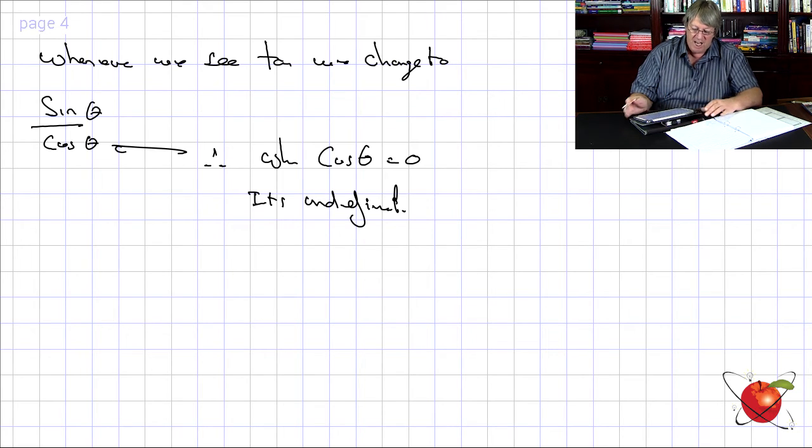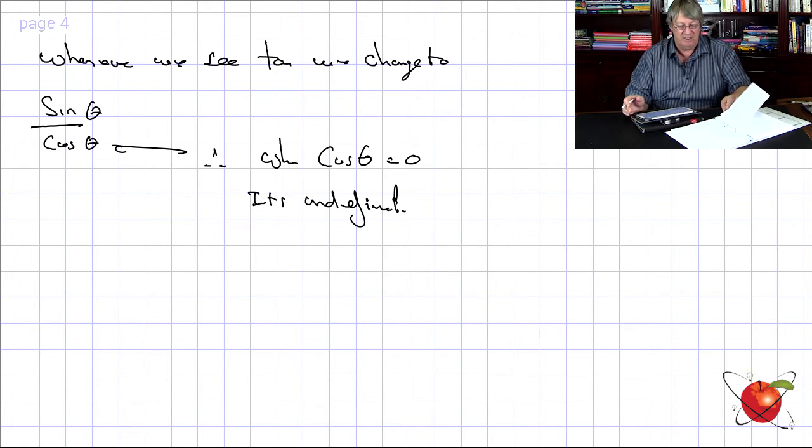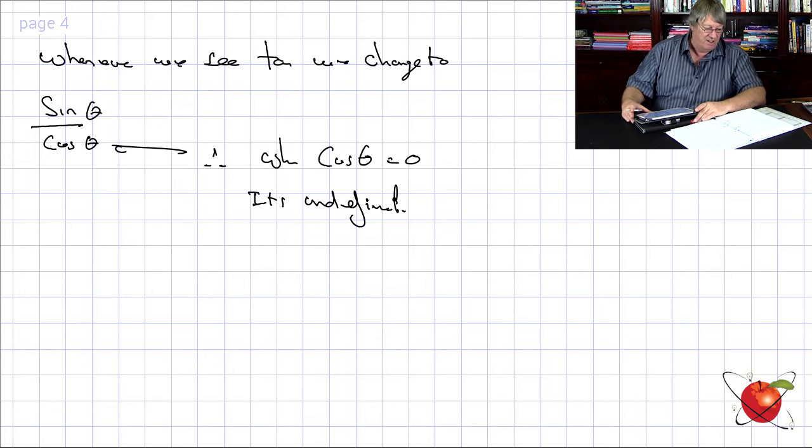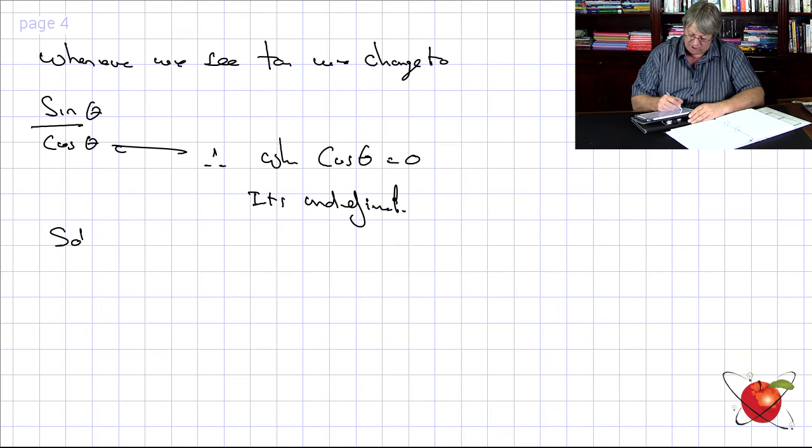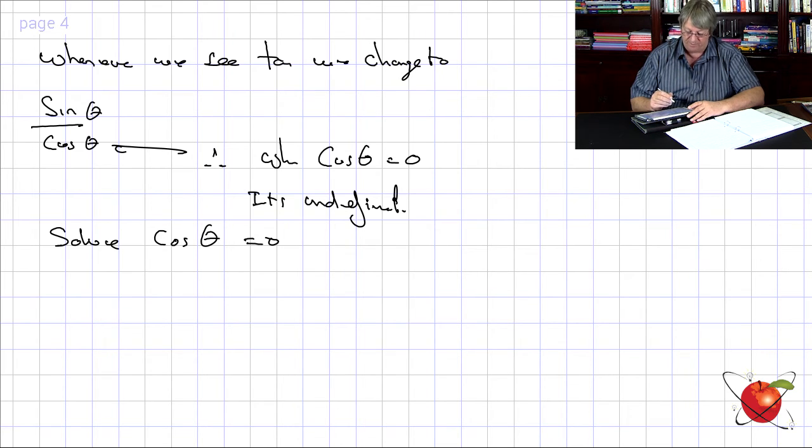And where is that? I just did it quickly here. Cos theta is undefined, and you solve for that. So we solve for cos theta equal to 0. Reference angle arc cos of 0, and so on. I think it's 90 degrees.